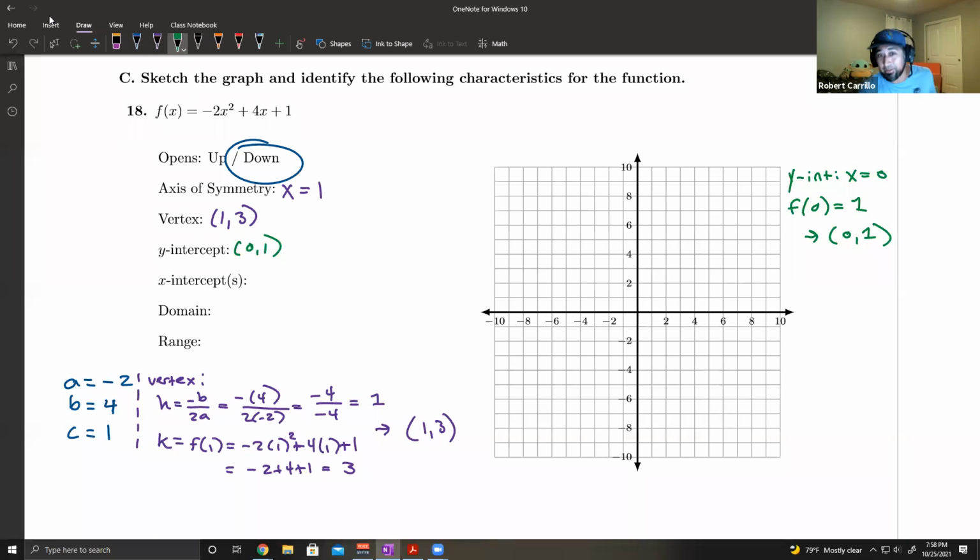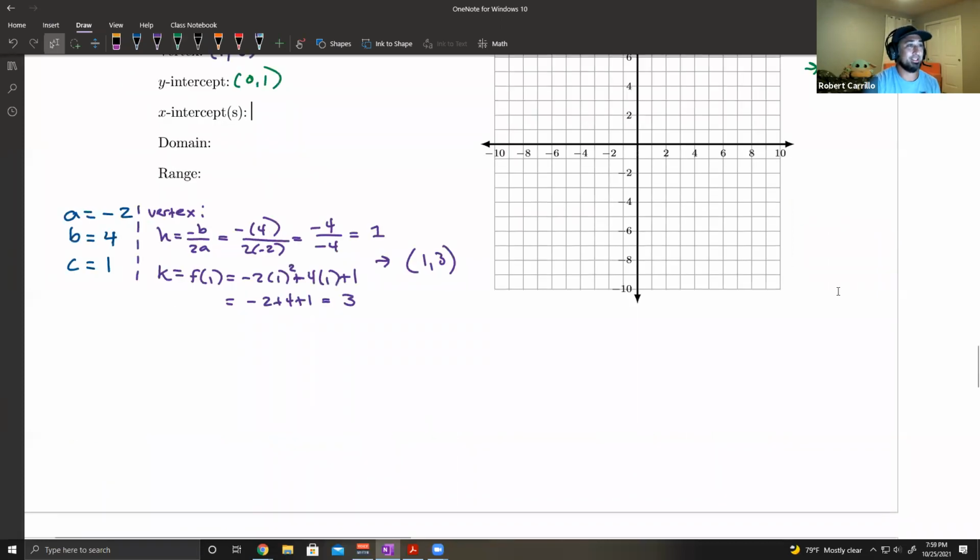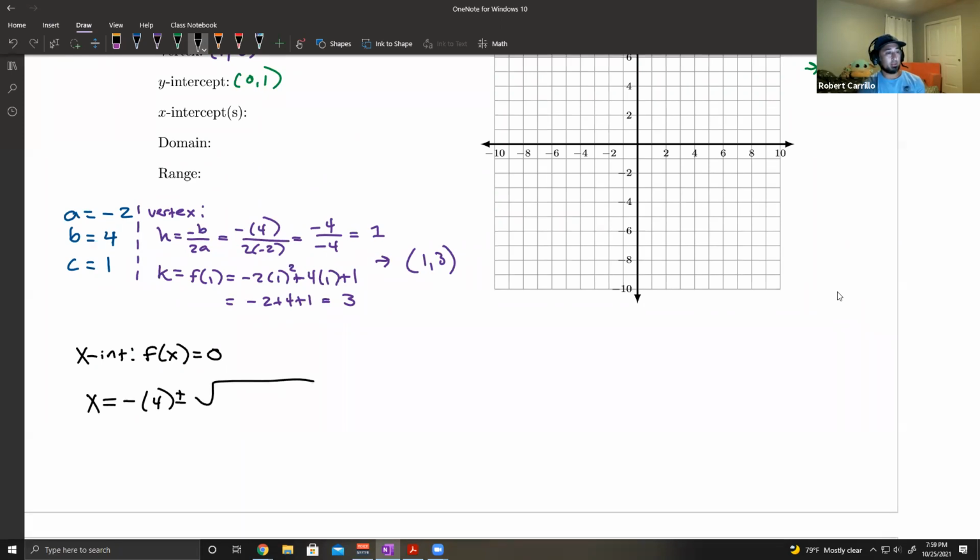Okay, well, now we know how to find x-intercepts, so we're going to use the quadratic formula. Yee-haw. So here we go, guys. X-intercepts, we let y equal 0, or in this case, f of x equal to 0. And let's quadratic formula this. We already have a, b, and c above. So we're going to have x equals -b plus or minus the square root of b squared minus 4 times a times c all over 2 times a.